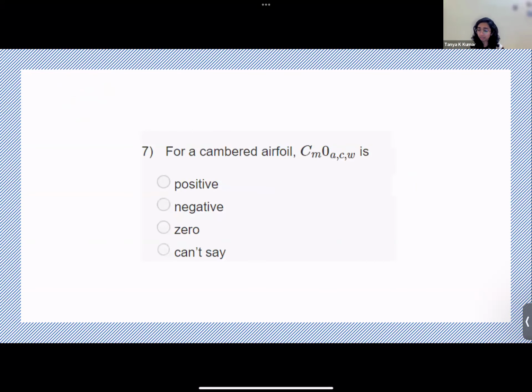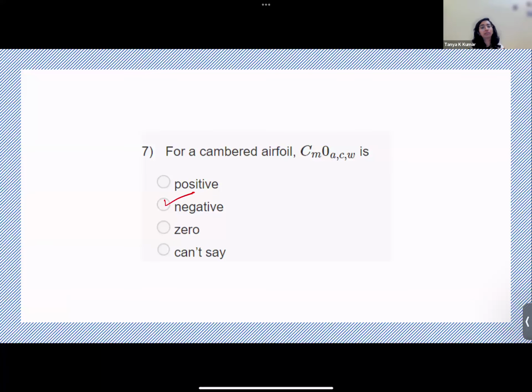Then for a cambered airfoil, Cm naught AC of the wing is... We discussed this again. When they say cambered, they mean positively cambered. Yes, negative, correct.